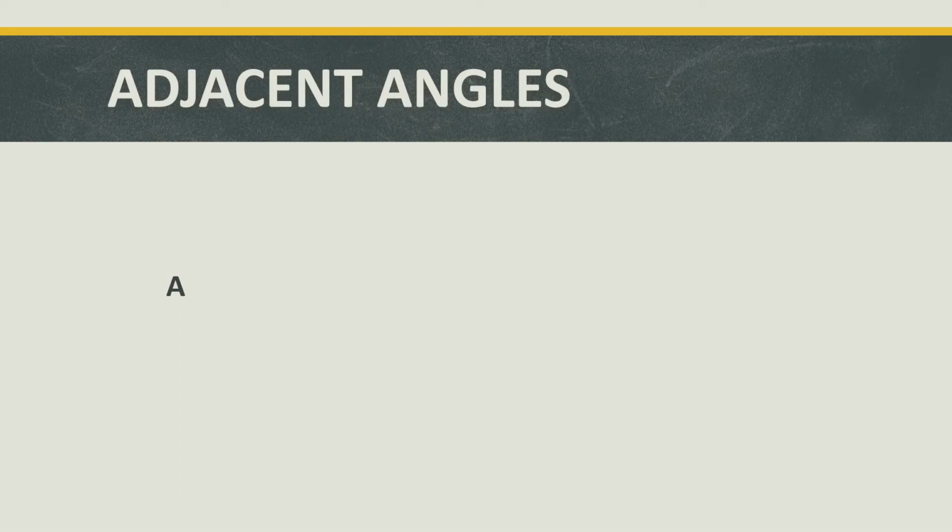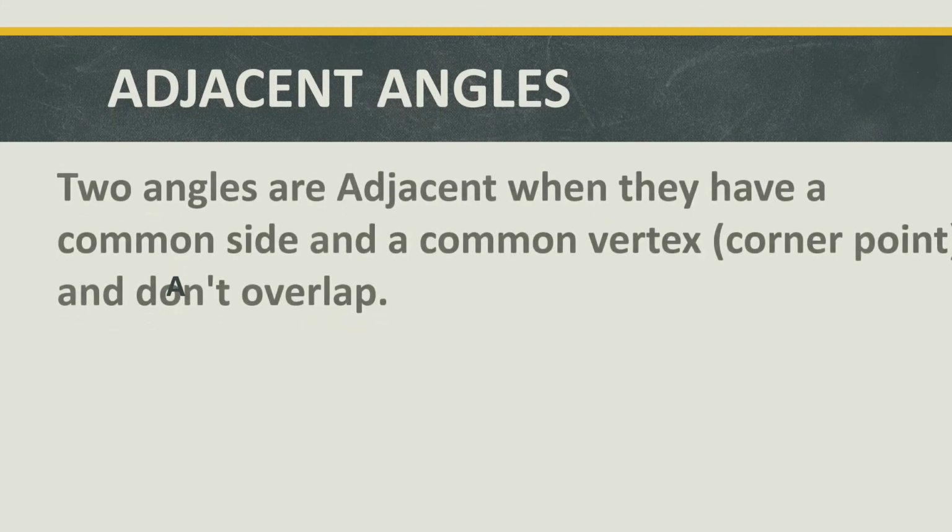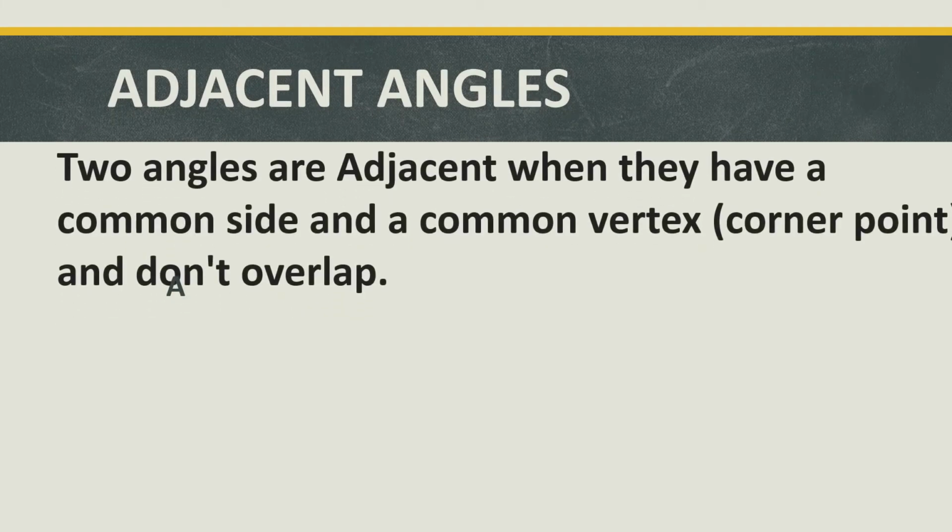Now, let's learn about adjacent angles. Adjacent angles are two angles that have a common side and a common vertex, but they do not overlap.